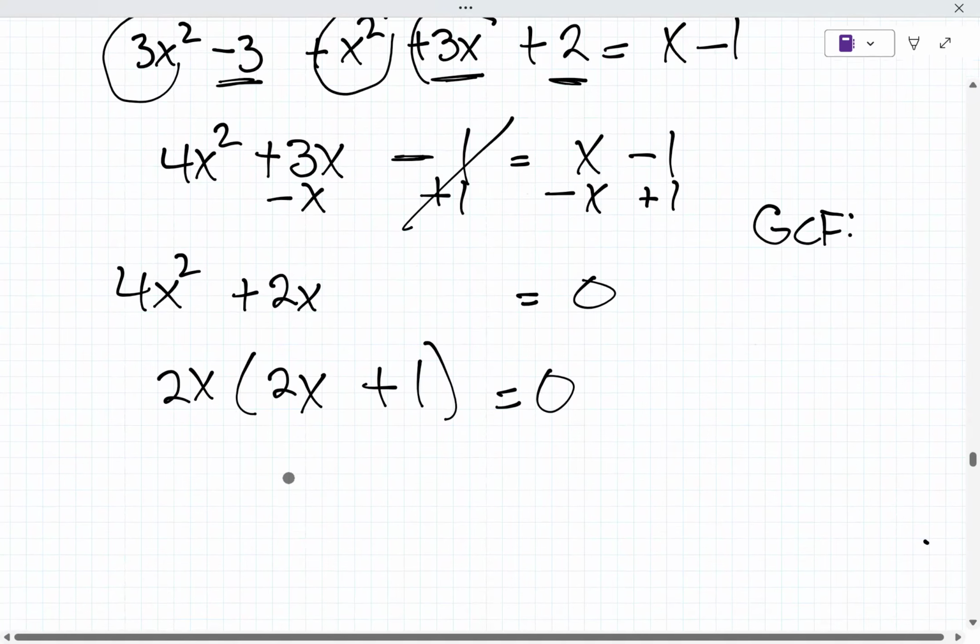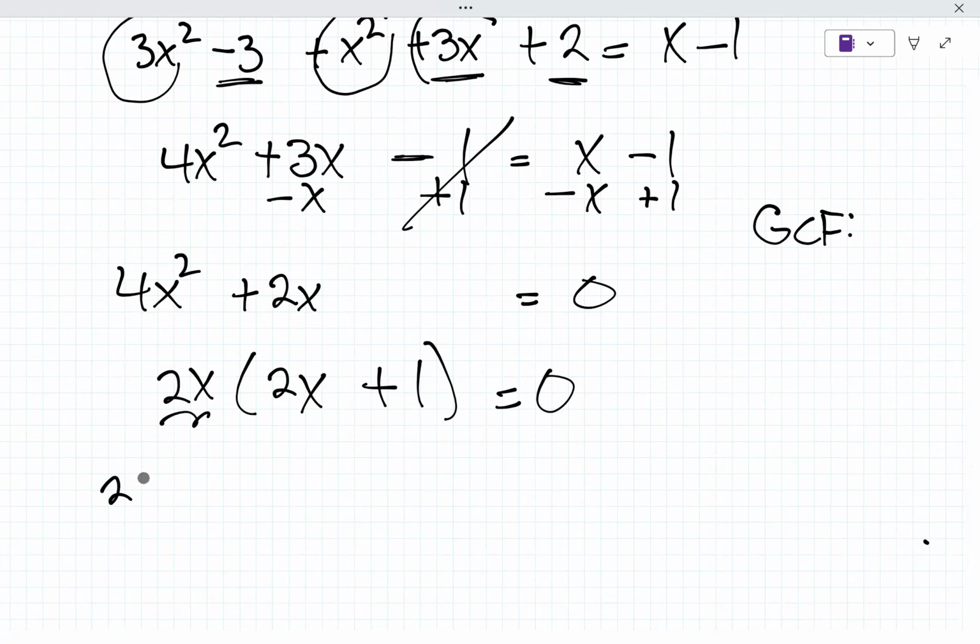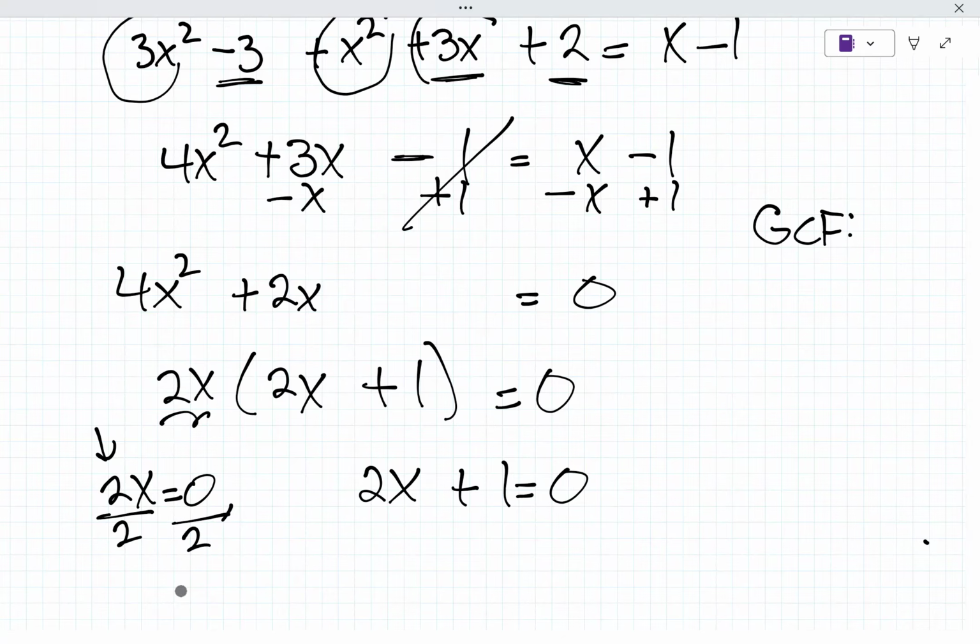Now, solve. This one's a little bit strange. What you could do is set each part to 0, so 2x equals 0, and then 2x plus 1 equals 0. Then go ahead and solve for x. For this one, you just have to get rid of the 2, so divide both sides by 2. So x equals 0. It's perfectly fine to have a 0 on the top.